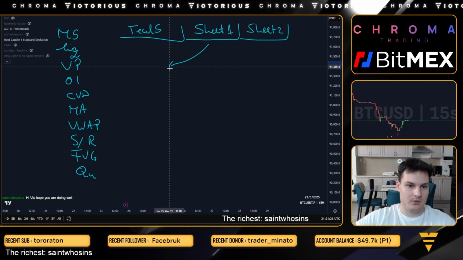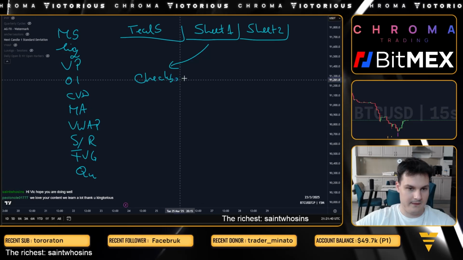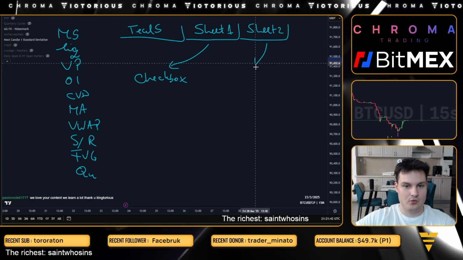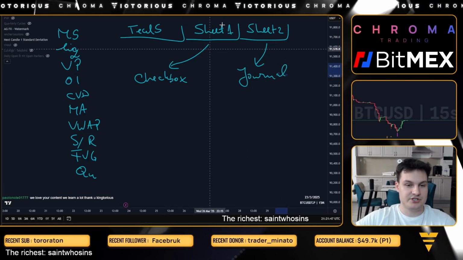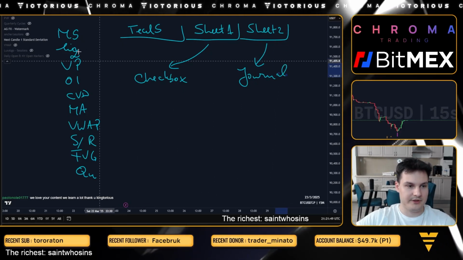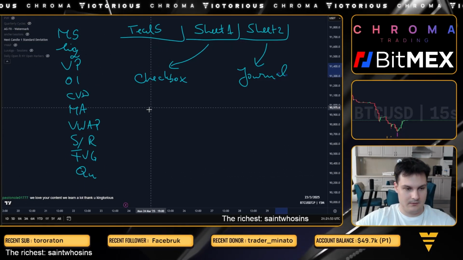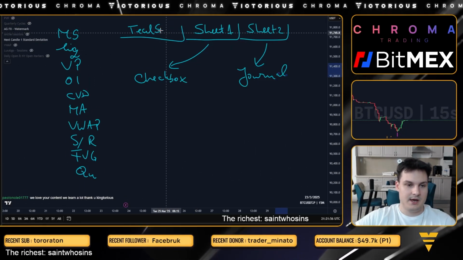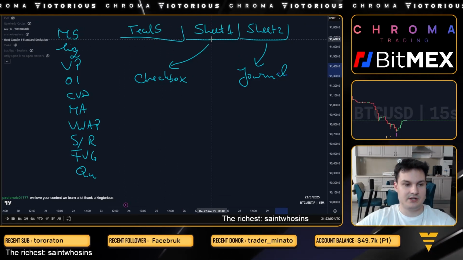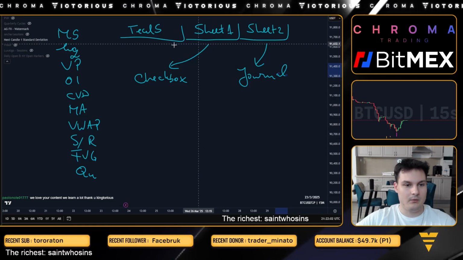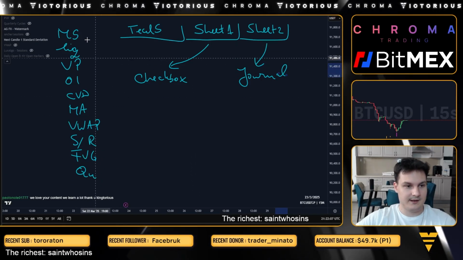Sheet number 1 will be your checkbox, and sheet number 2 will be your journal. Now sheet number 1 will contain all these elements, right? Because it's a checkbox. And every single time you want to open a trade, first you will go to sheet number 1 and see how many out of these checkboxes are checked. You need at least half of them.